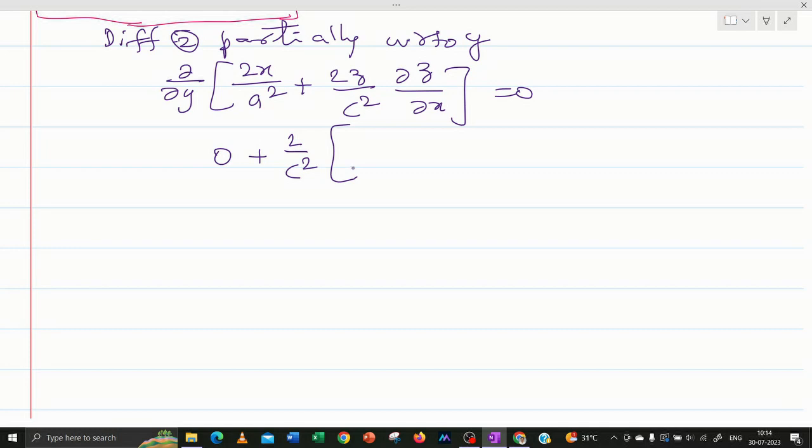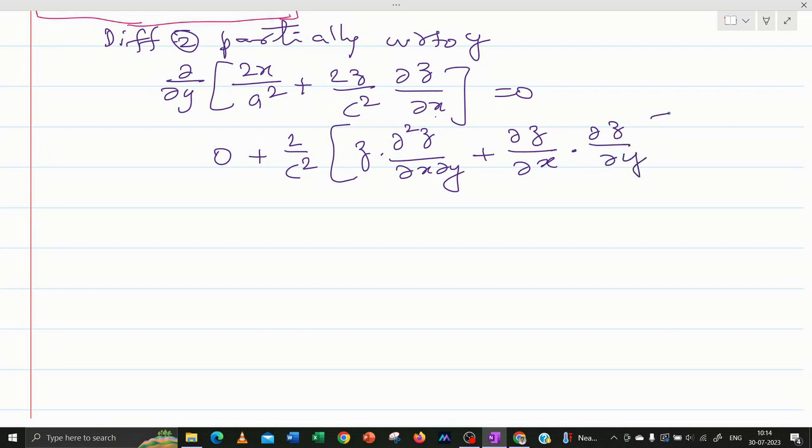Using the multiplication formula, keep z first, then differentiate dou z by dou x with respect to y to get dou square z by dou x dou y, plus keeping dou z by dou x, the differentiation of z with respect to y is dou z by dou y, equal to 0. If you cross multiply, it is a constant totally, so 0 by constant is 0. Therefore we will get the required PDE.